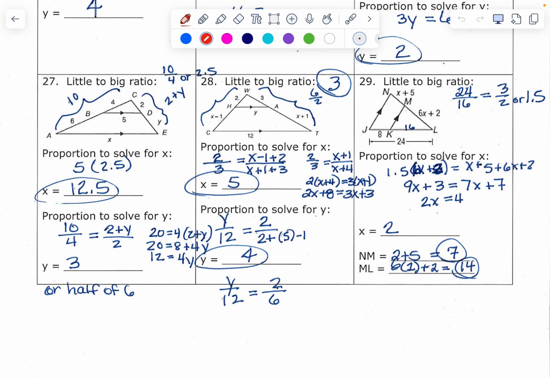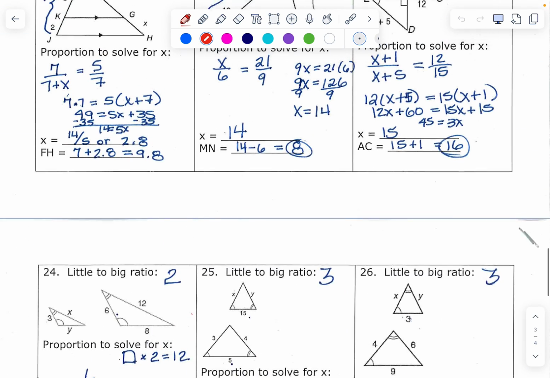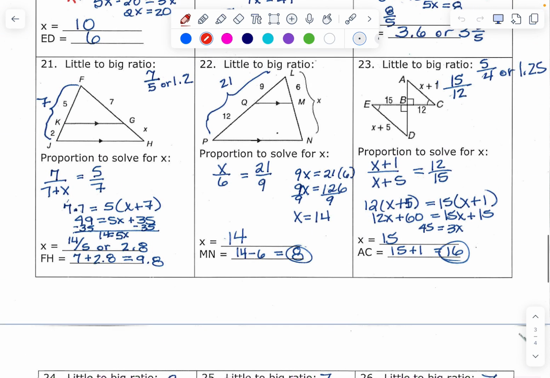So what was the hardest one on there, do you think? Like out of the ones you guys just did? I'd say probably like 22, 23, 24, 25, 26, 27, 28. Hardest. Okay. So 22 is weird.